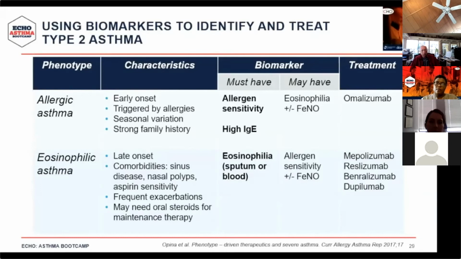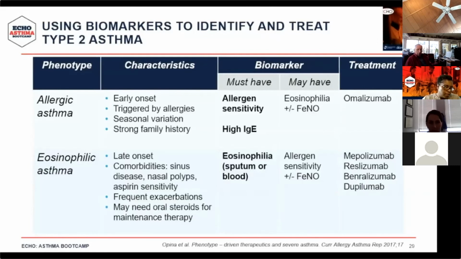For patients with eosinophilic asthma, these are late onset with a lot of comorbidities such as sinus disease, nasal polyposis, and aspirin sensitivity. They tend to have frequent exacerbations and healthcare utilization, and may even require oral corticosteroids for maintenance therapy.